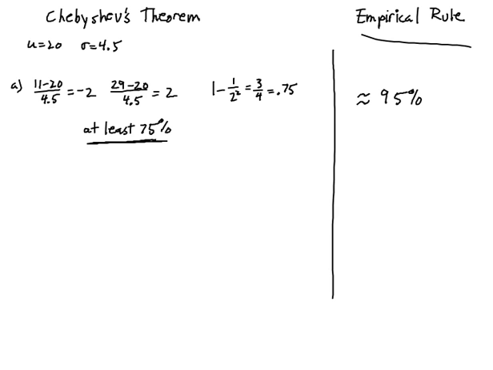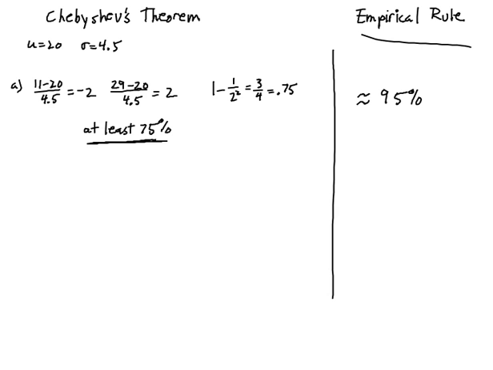But notice the two answers here. If I didn't know what the distribution was, I would use Chebyshev's theorem, and it would tell me that at least 75% of the data values will be within 2 standard deviations. Suppose later I found that it was a mound-shaped distribution. Then I could better approximate that by saying 95%. But there's no contradiction.